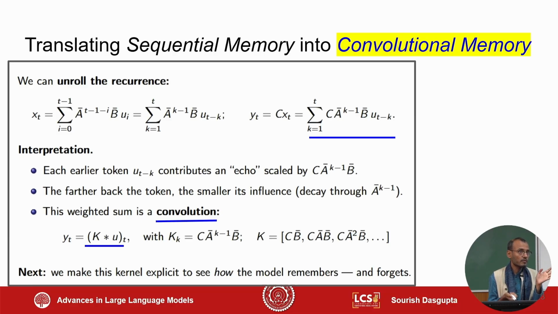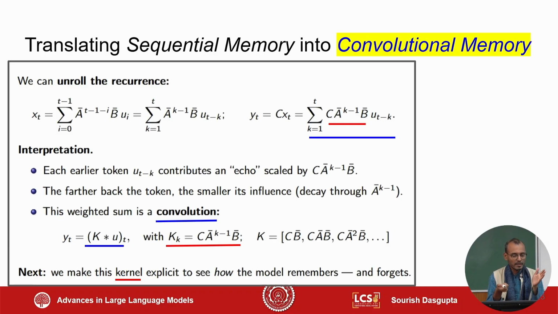And in short, you write it as K with the convolution operator u, up to that time point t. So y_t, which is the contextual embedding of the word at that time point, would be the kernel K convolved with u. You just make a shortcut notation of this kernel, which is C A bar^(k-1) B bar.